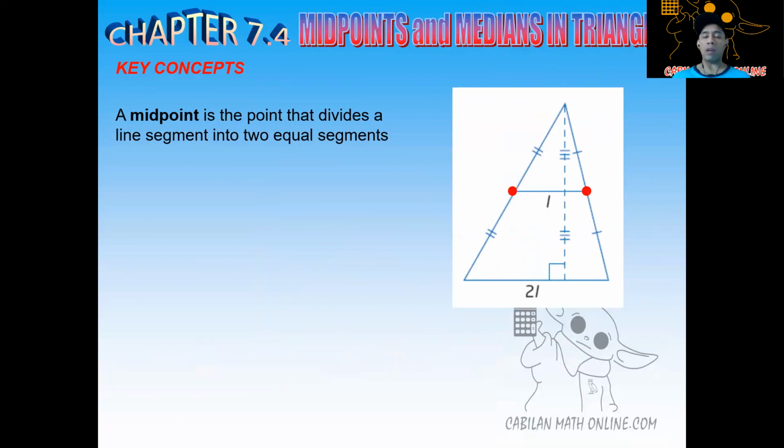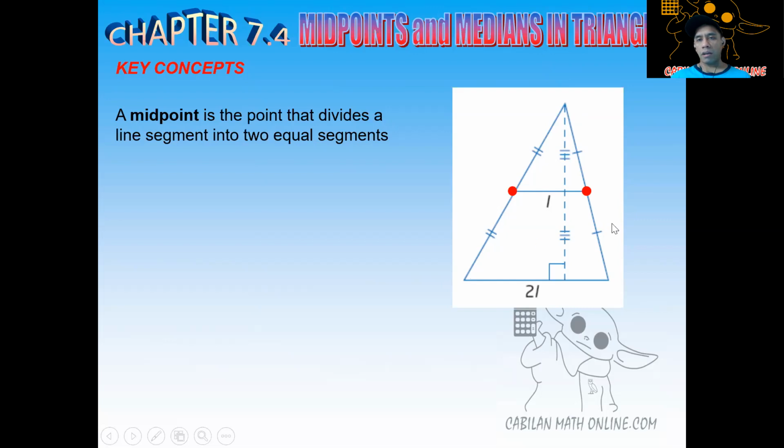The point on the left is the midpoint of this line segment, so it cuts this side into two equal parts. That's why you have those two dashes here.